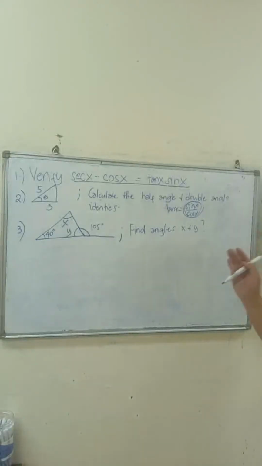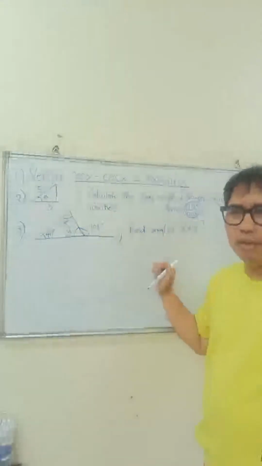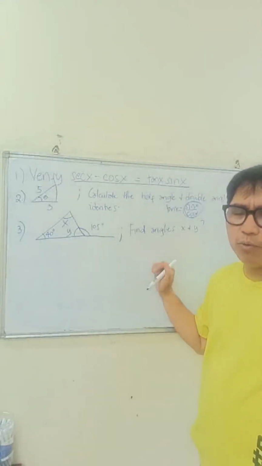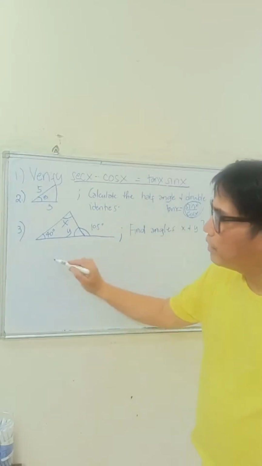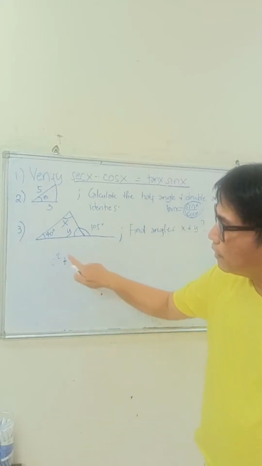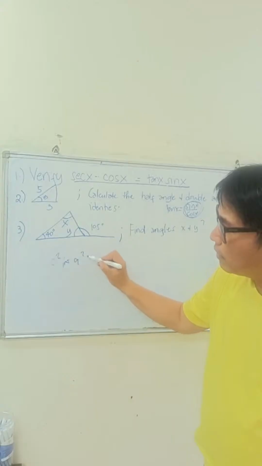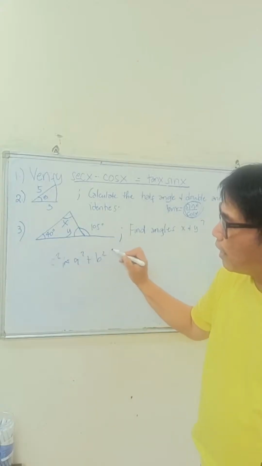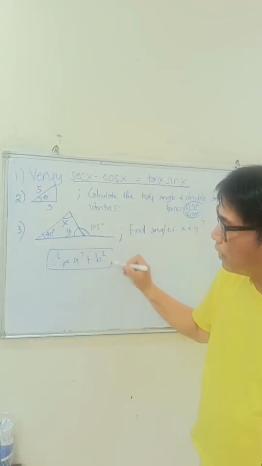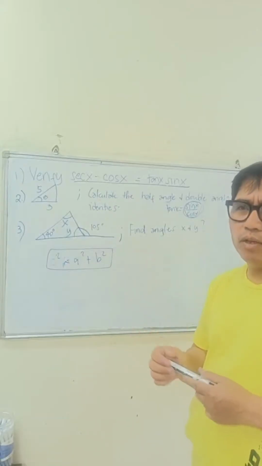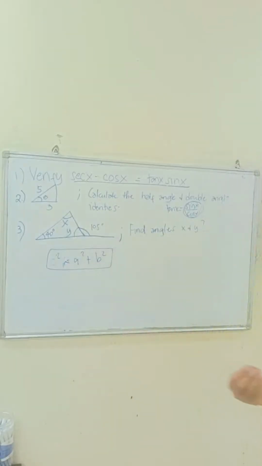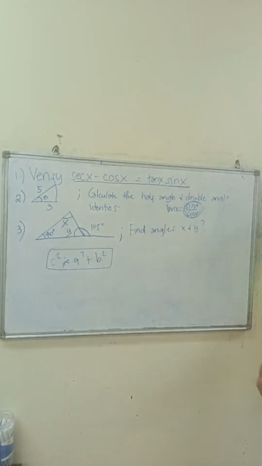Because if we remember, if we have a 90 degree triangle, or we apply the law of the right triangle, we use the Pythagorean theorem, c squared is equal to a squared plus b squared. So this is the appearance of the Pythagorean theorem. We are emulating, or mimicking, the appearance and the form of this by now using trigonometric functions.